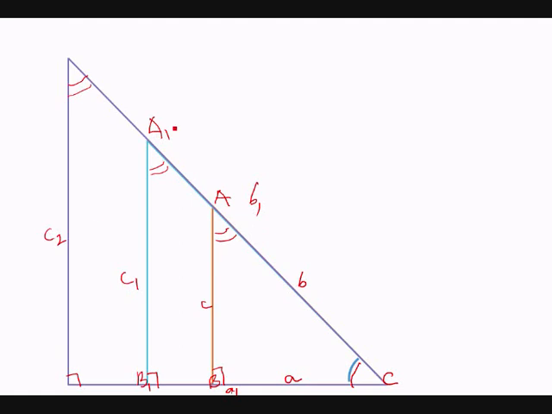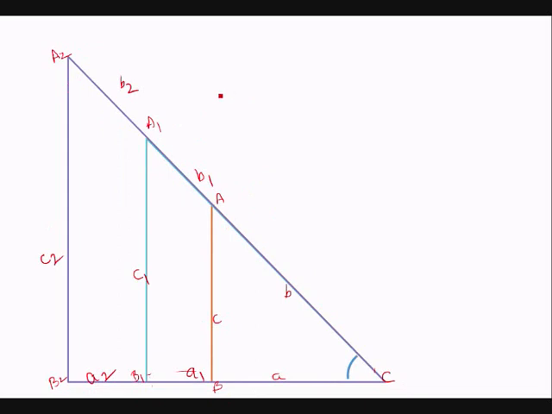Similarly, I can call this as C2 and this as B2 if I call this as A2 and B2 triangle. Therefore, this side length will be C2 and the length A2C will be B2 and this will be A2.